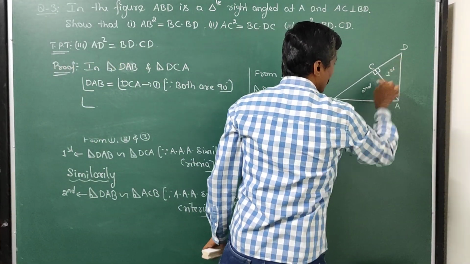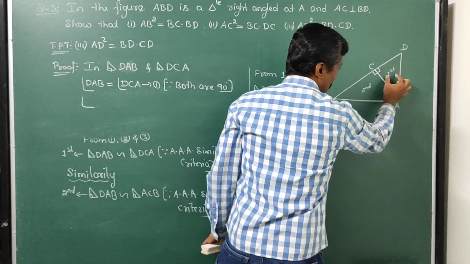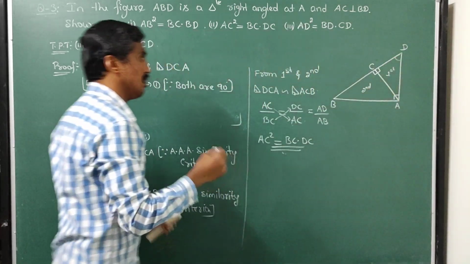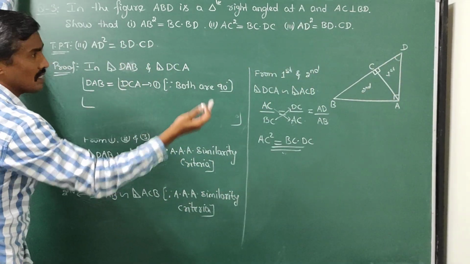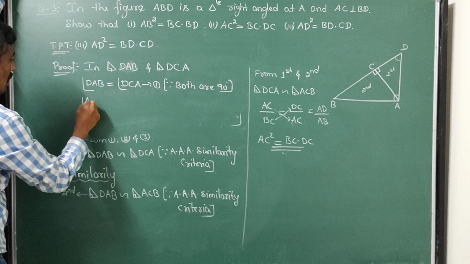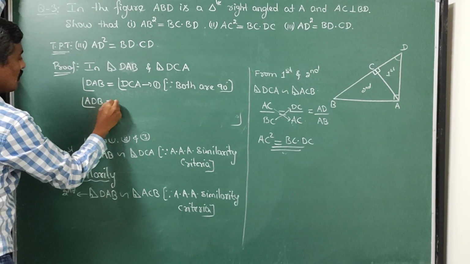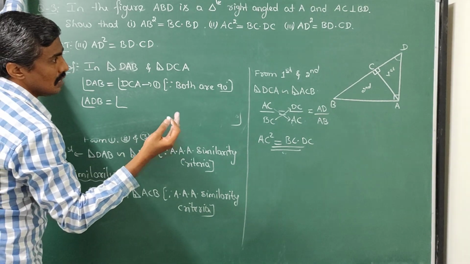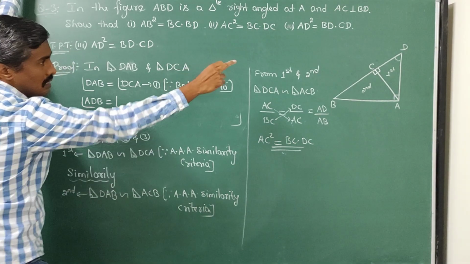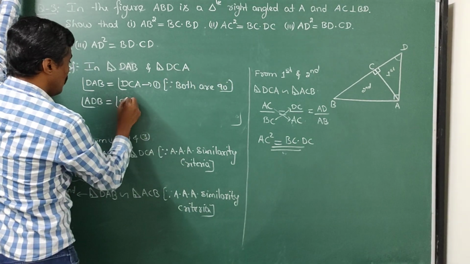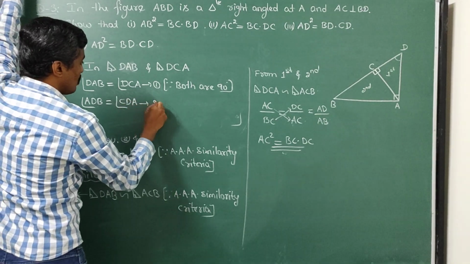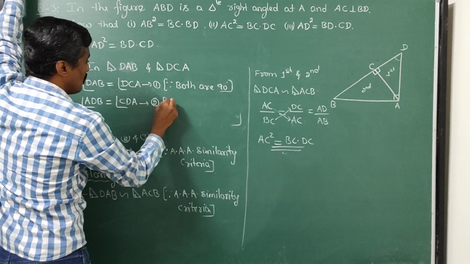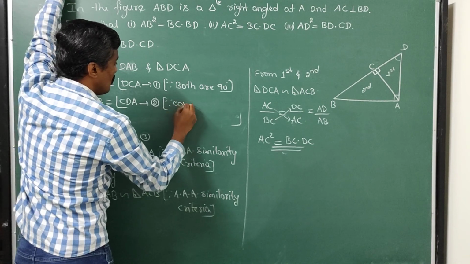D is common for the original triangle as well as the first part. Angle D is common. So therefore I will start from 90 degrees to the D point. So angle ADB is equal to, here also I will move from 90 degrees, CDA. C is 90 degrees, D is common, CDA. Point number 2, common angle D.